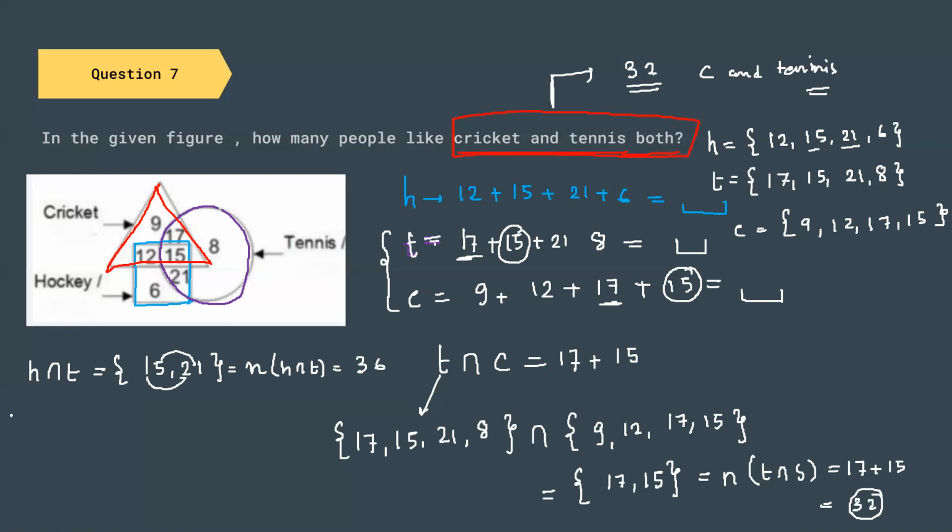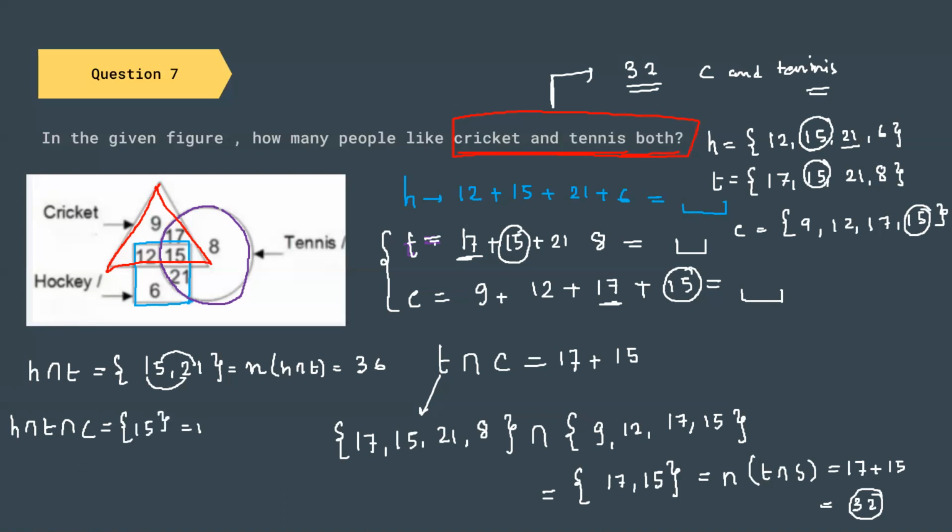Now, if we say H intersection T intersection C, what is the number that is common in all of them? So 15 is common in all of them. 15 is common here, 15 is common here, and 15 is common here. So the only element in the set is 15.